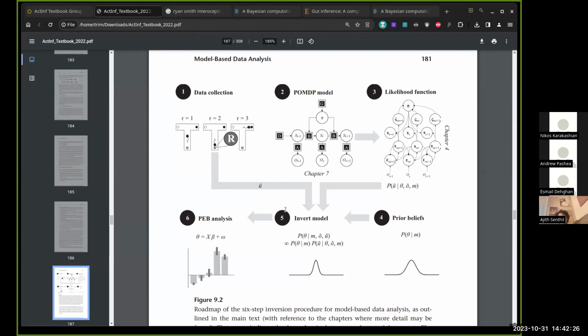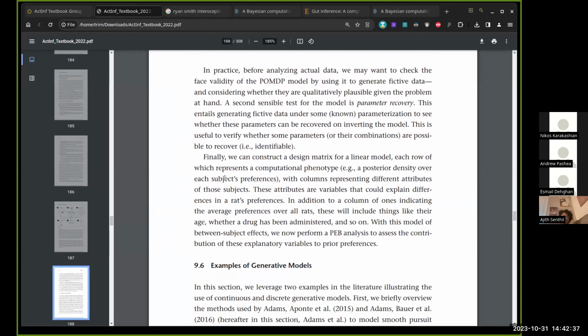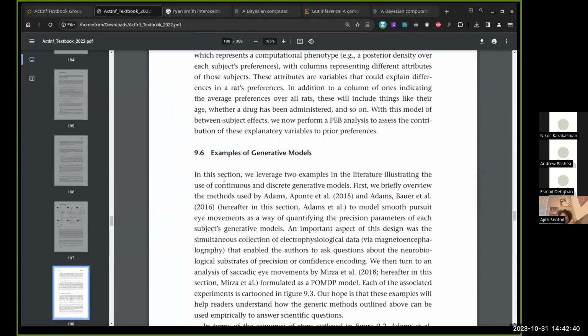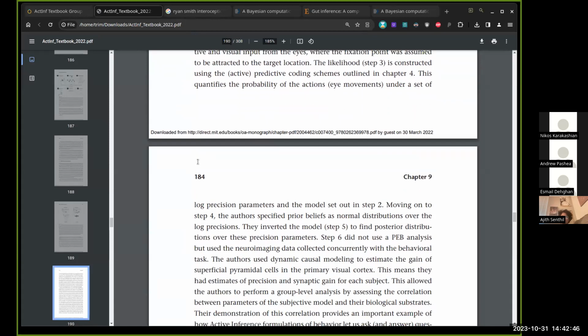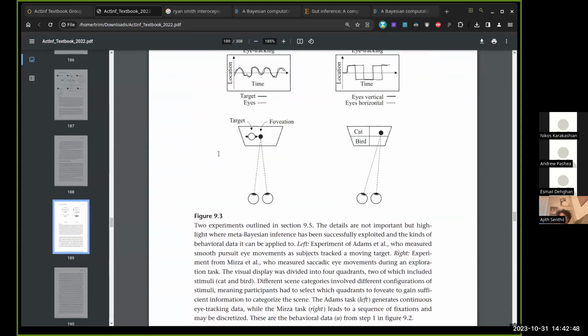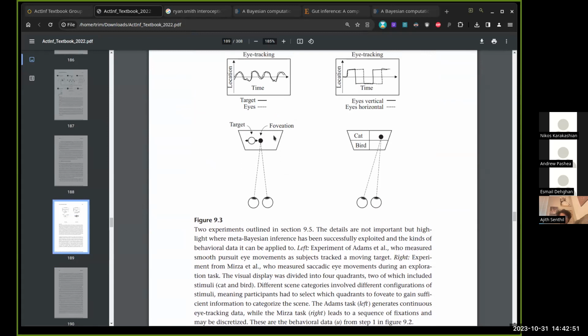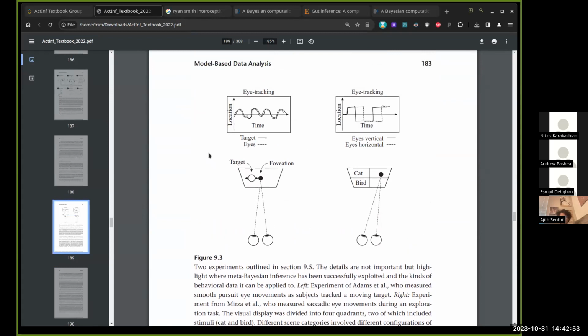This is being brought out when you are trying to make inference about something that's not directly objective. Yeah, then they reference these two papers that do have slightly different ways of looking at this eye saccade situation.